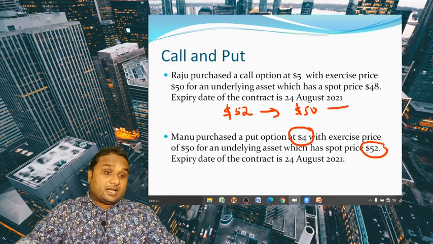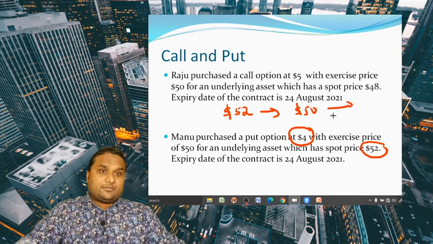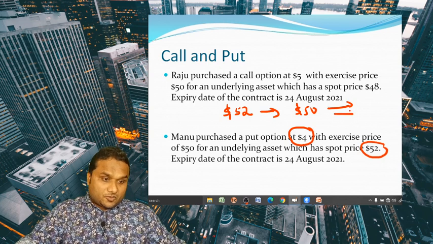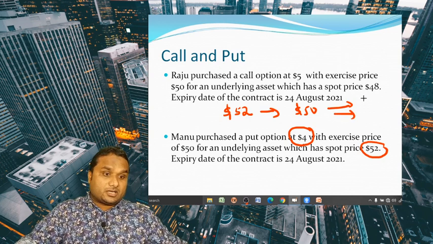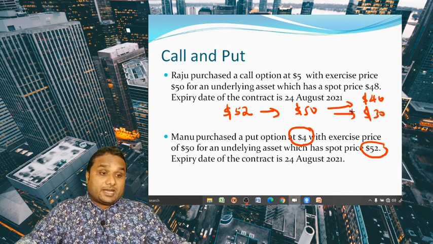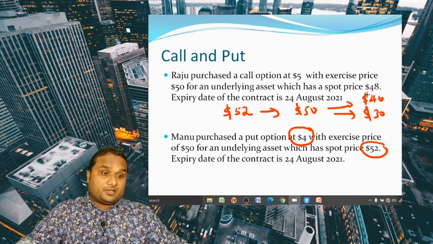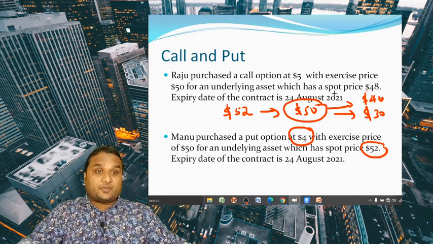He has a fear that after 1 year, the price of 1 gram of gold may fall to $40, or may fall to $30. Even if the price falls to $40, he will be able to sell the gold at $50.